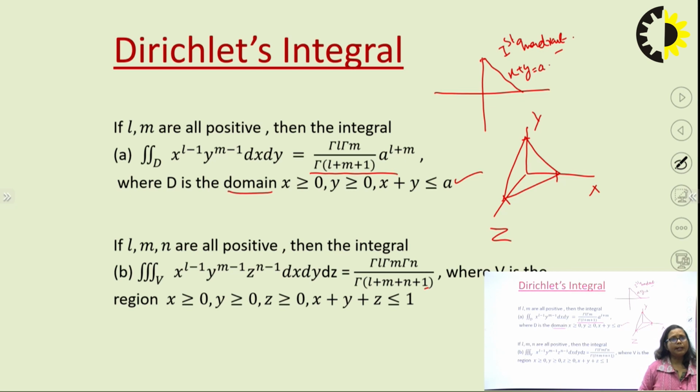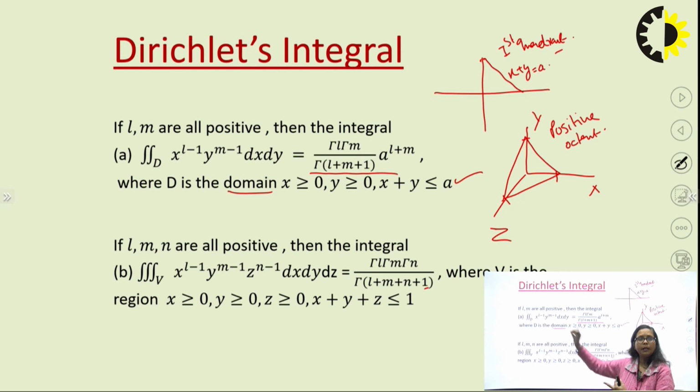So for 3 dimensions also, the region here is only the part of the surface which is lying in the positive octant. So what is the meaning? To apply Dirichlet integrals, the condition is that it gives the volume or area or the double or triple integral only for that part of the curve which is lying in the positive octant.